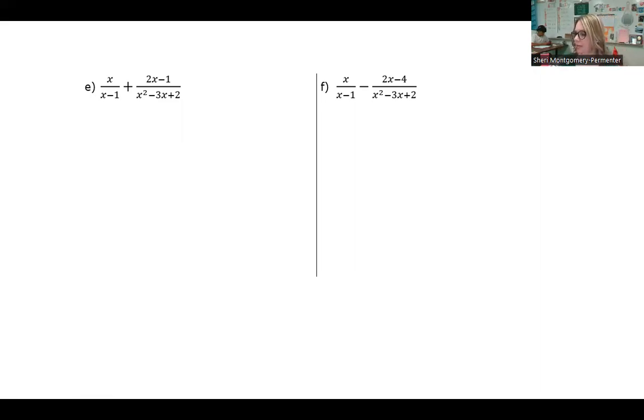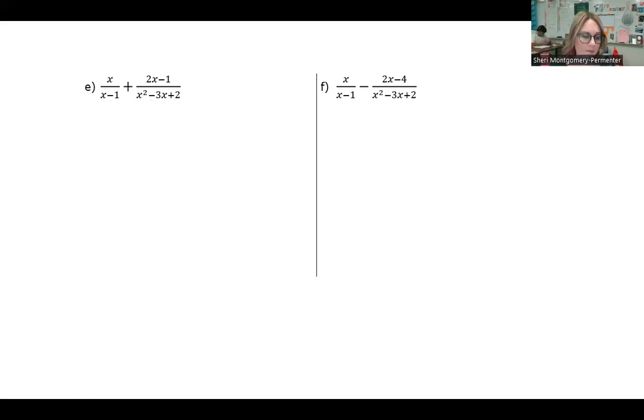So for example E, the first thing that you have to do is factor the denominator. So when I take a look at this one, the first denominator is already factored. This one is not. So your first step is to rewrite and factor the denominator.